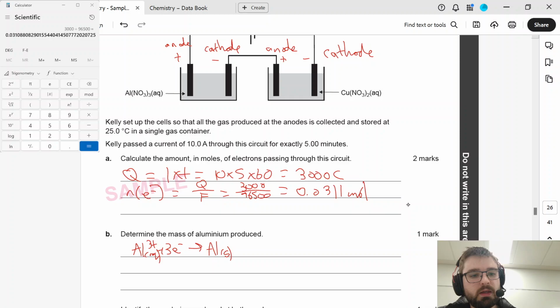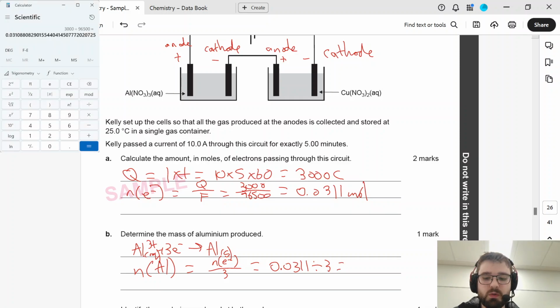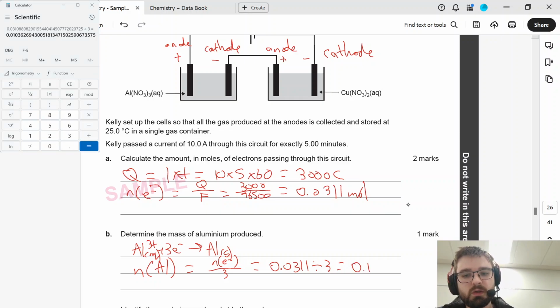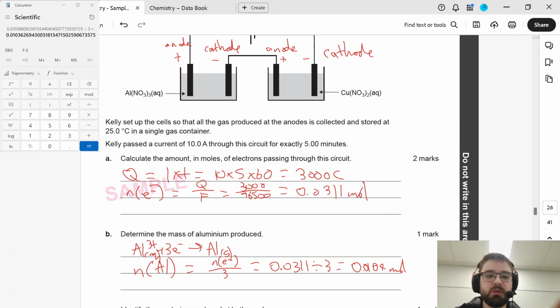So the amount of aluminium is going to equal the amount of electrons divided by 3, which is 0.0311 divided by 3, which is 0.0104, if I want to keep the 3 significant figures running.